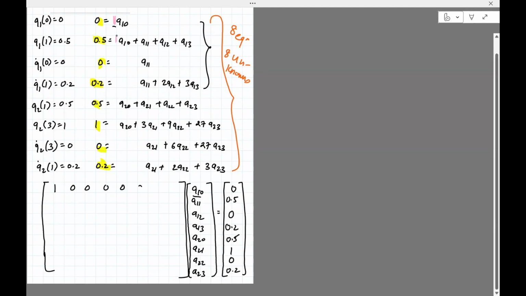Next one will have 1, 1, 1, 1, and then 4 zeros. Next one will be 0, 1, 0, 0, and all zeros. Next one will have 0, 1, 2, and 3, then 0, 0, 0, 0.